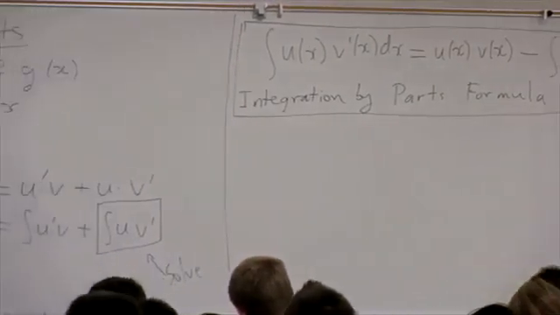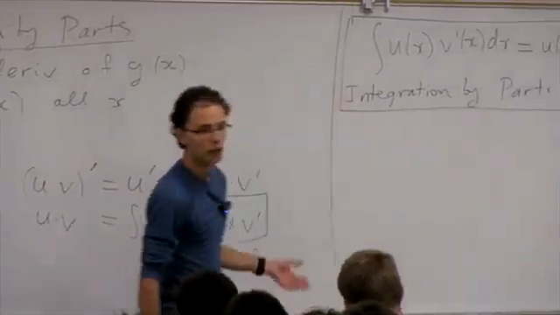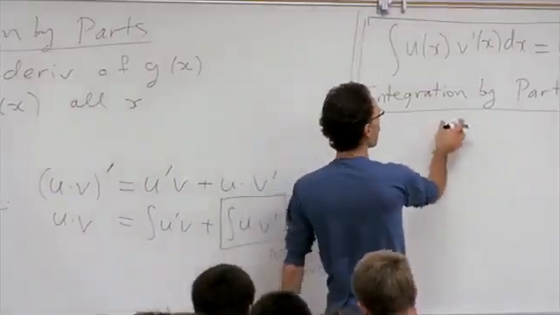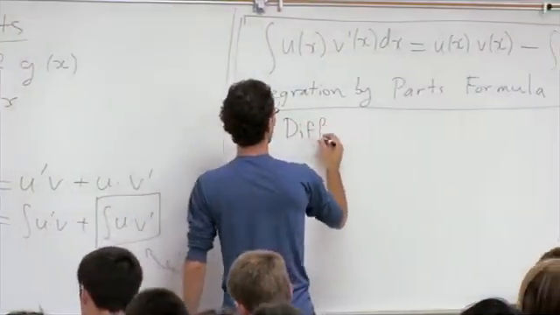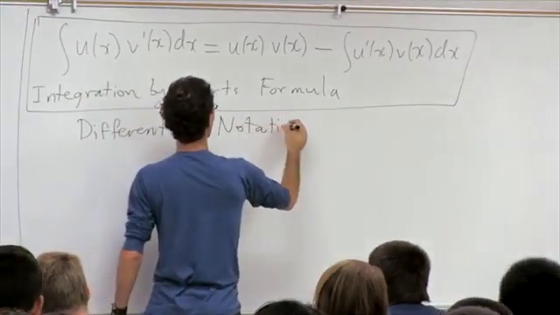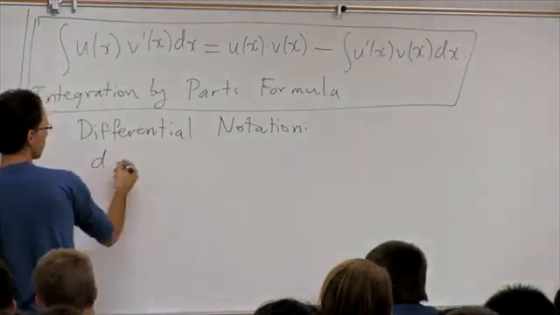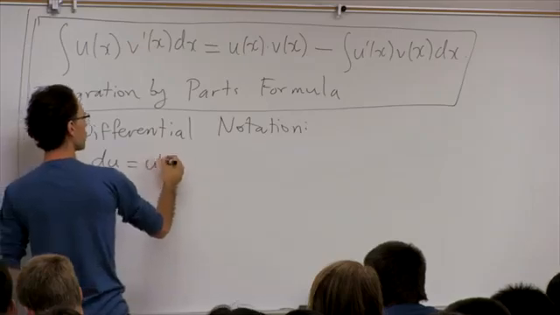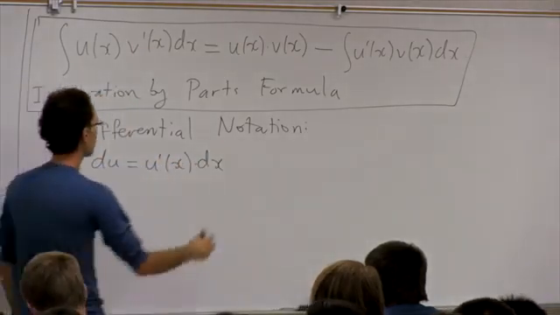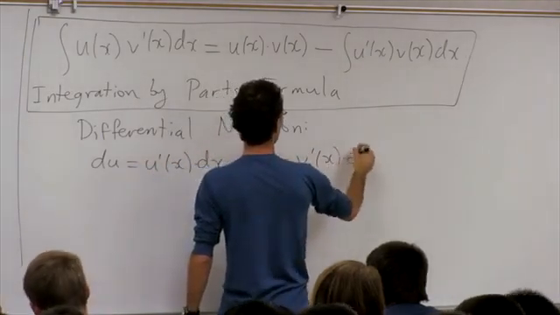It's really just undoing the product rule. That is the idea of integration by parts. Before I give an example, let me remind you of differential notation, which is a more compact way of writing this. For functions u and v, the differential of u is u prime times the differential of x, and dv is the derivative of v times the differential dx.